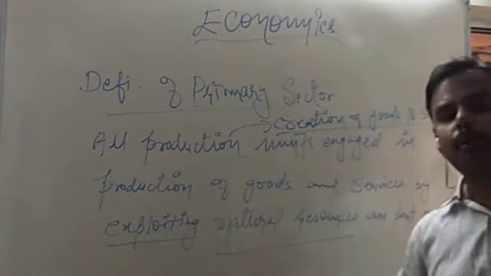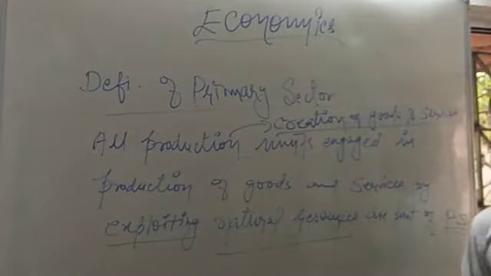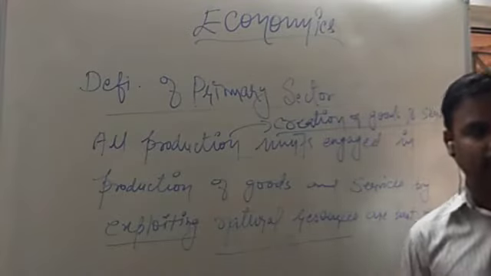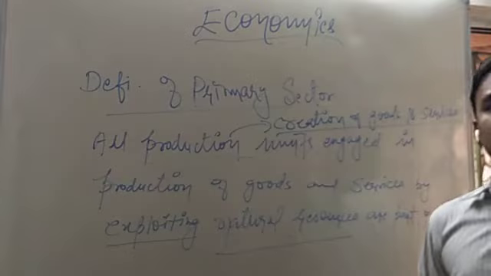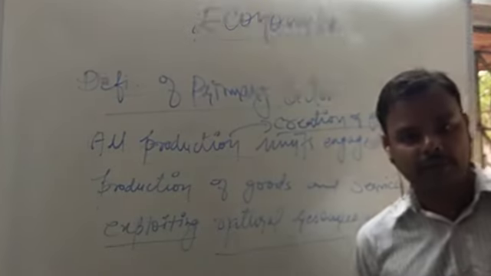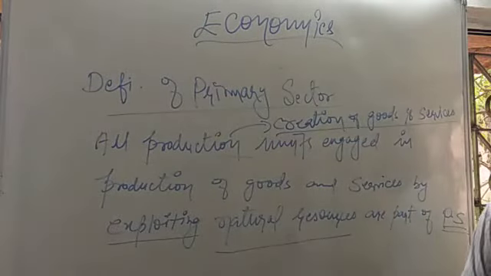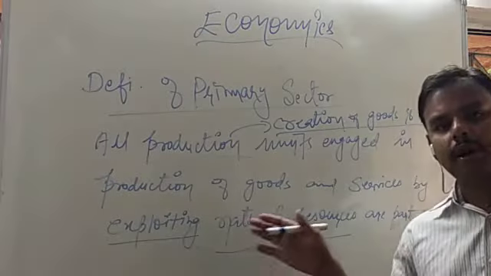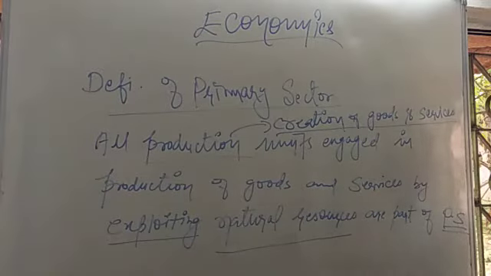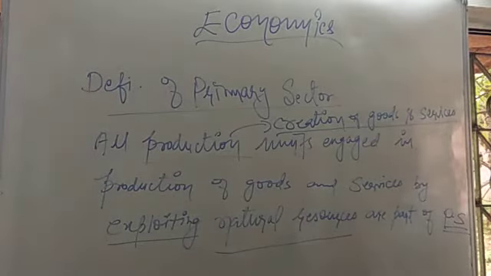The next word is exploiting. In general English, exploit means to cheat someone. When you are being unfair to someone, that means you are exploiting someone. But here the word exploiting means best possible use or maximum possible use of a resource.